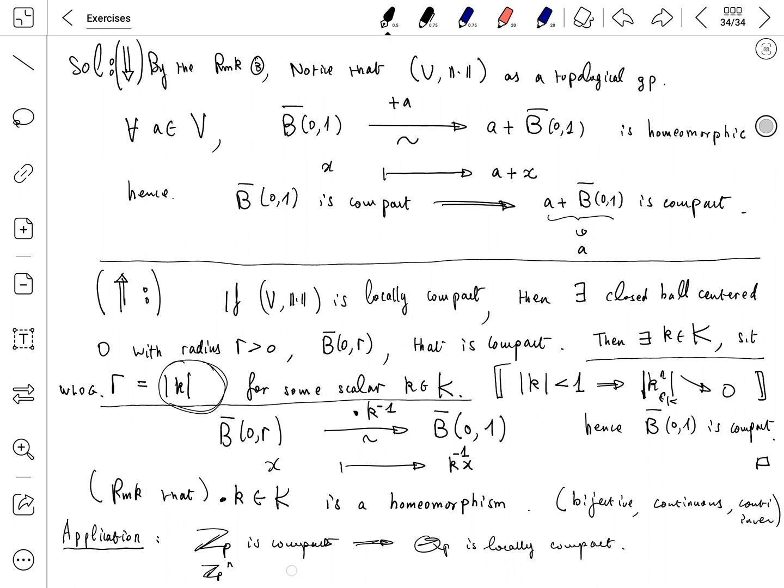And for example, this also works for GLN of QP, considered as a subgroup of GLN of QP. Right. And so the topology is just the product topology there. And you could have similar arguments.